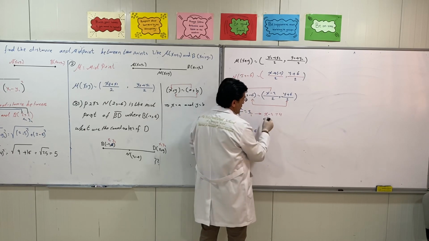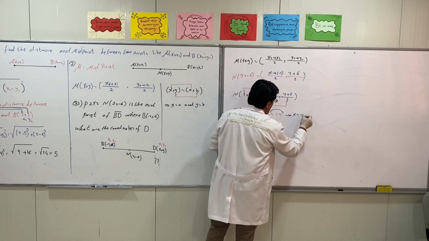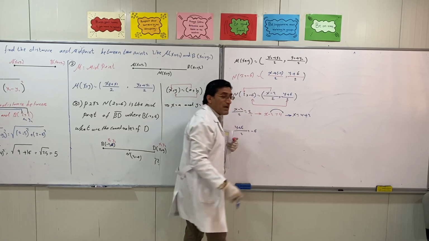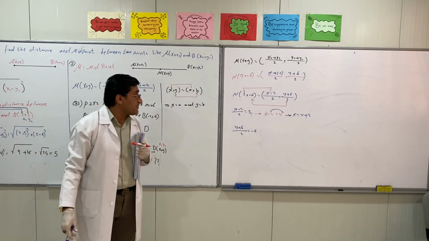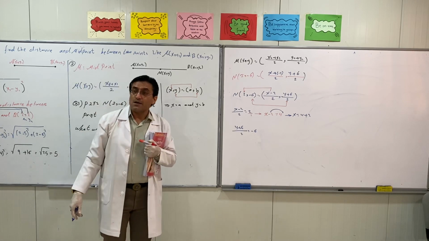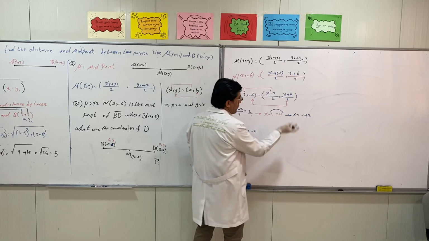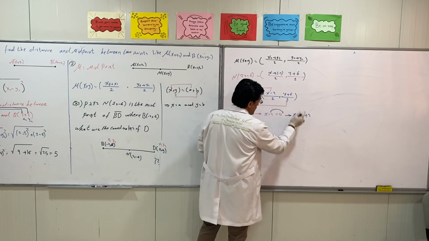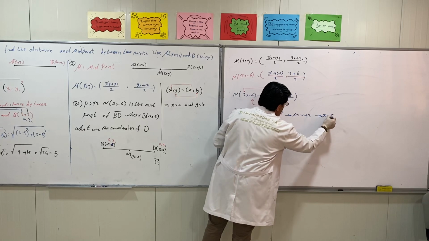Now we have a degree 1 equation, so x equals 4 plus 2. Who can tell me why the negative 2 becomes positive? Yes, very good, because anything moved from left to right changes sign. So x is equal to 6.